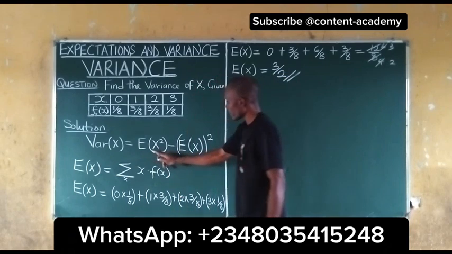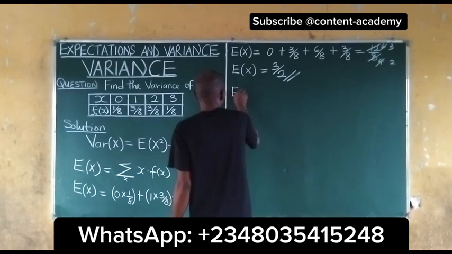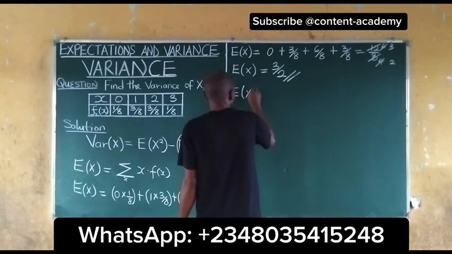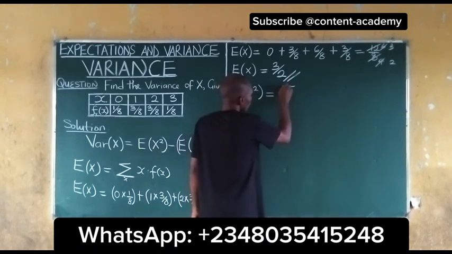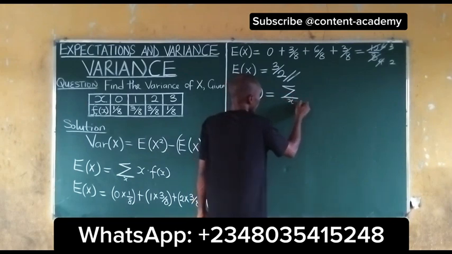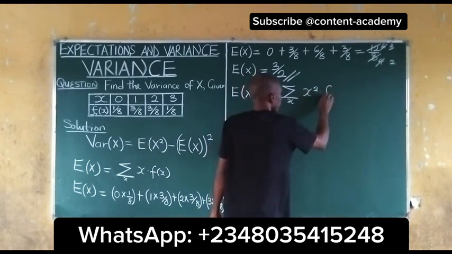Now, we are to find the expected value of x squared. The expected value of x squared is equal to the summation of x squared multiplied by f of x.